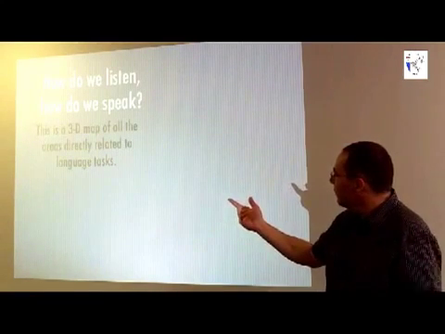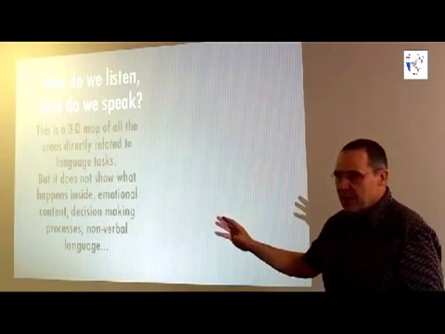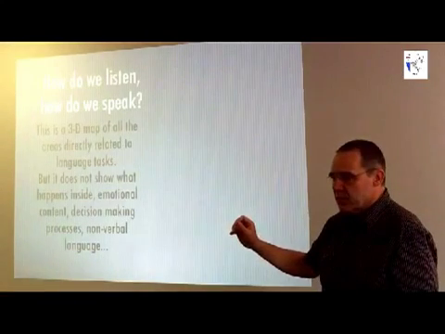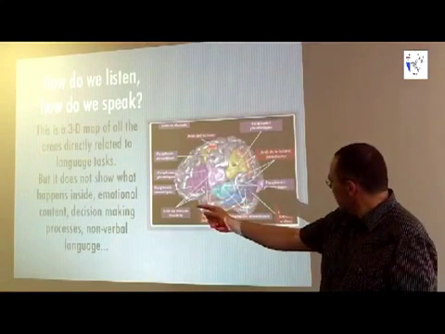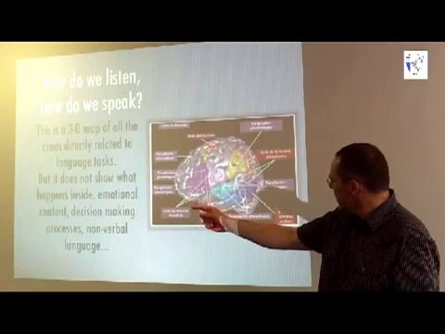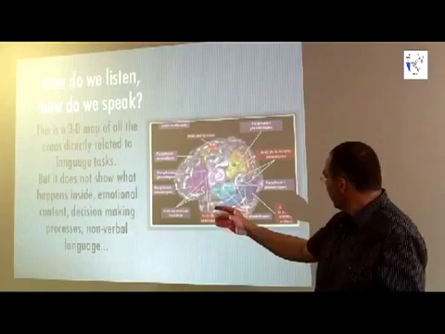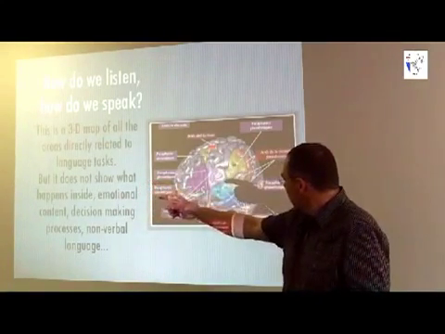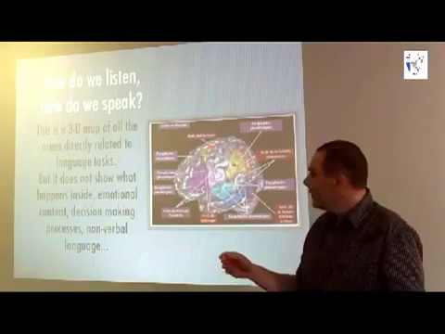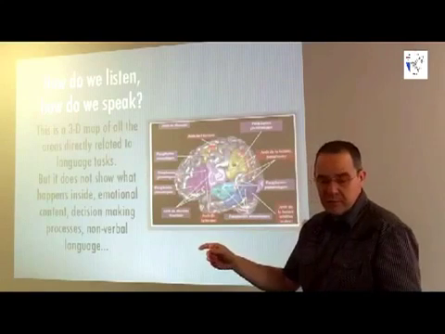Actually, I will show you a 3D map of all areas that are related to language tasks. What you've got to understand on the next one is that we discovered all of this by stimulating the brain separately. And what happened? For example, if you stimulate this area, you stop reading. If you stimulate this area, you stop writing.